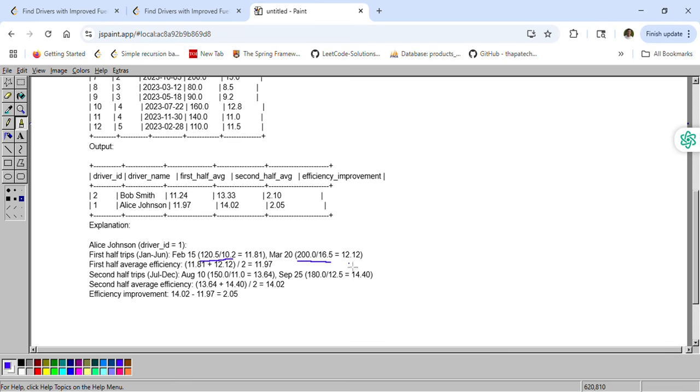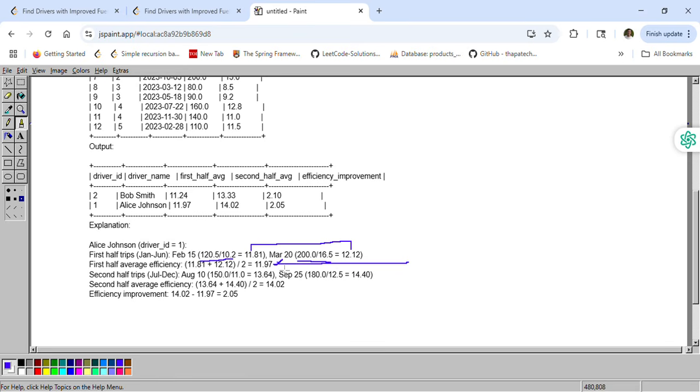You calculate these two things, 11.81 and 12.12, and then you add them and divide by 2, because you want the average. So the average 11.97 is what you got for the first half. First half is done.